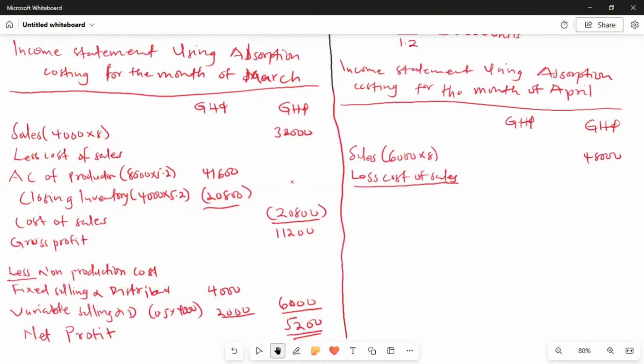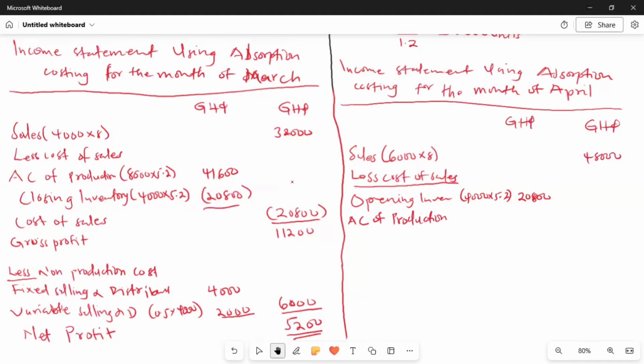As I said, for the month of March, there was a closing inventory. The closing inventory for March will be the opening inventory for April. So here we're going to have opening inventory, which is 4,000 by 5.2, which will give us 20,800. Now we move to the absorption costing of production.